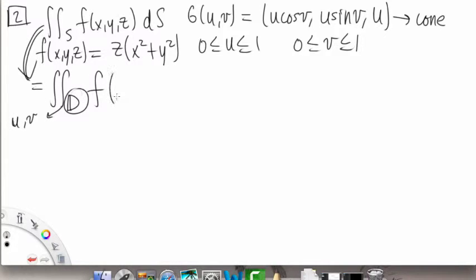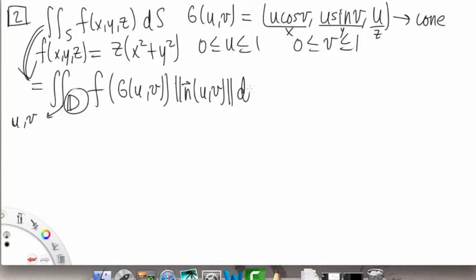And then we're going to calculate our scalar function, but this time in terms of u and v. Okay, so this is technically our x, u cosine v, u sine v is our y, and our z is u. Okay, and then we have times the magnitude of our normal vector. Okay, and then du dv, of course.